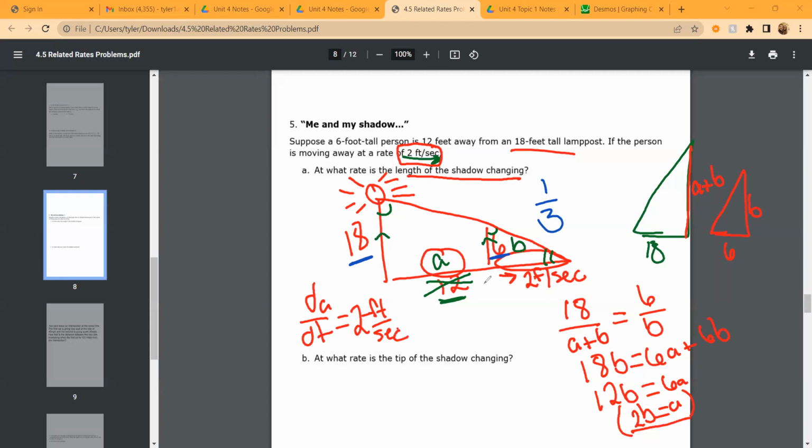That's A because that's the length that this piece was increasing as we move away, and we don't know the rate that this shadow is increasing. So if I take the derivative of 2b equals A with respect to time, I get 2 dB/dt equals dA/dt.